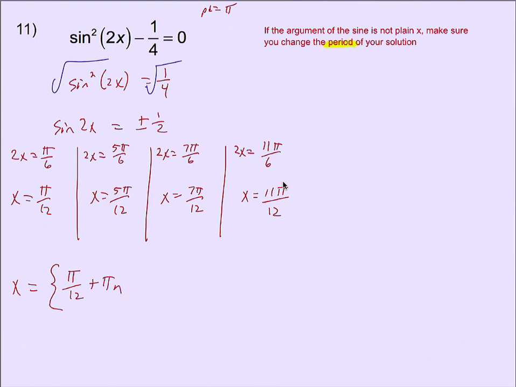We need to change the period in our solution too. So the next one is 5 pi over 12 plus pi n, and 7 pi over 12 plus pi n, and 11 pi over 12 plus pi n. Now, that's a final answer.